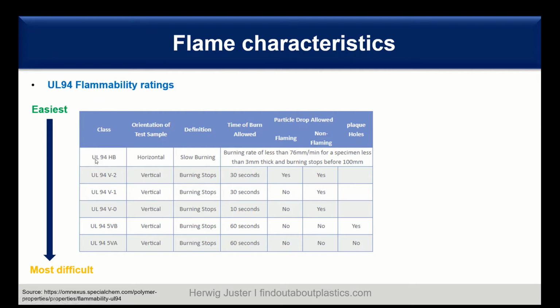The easiest to reach is the UL 94 HB rating, and the most difficult rating to achieve is the 94 5VA, because when you look at the definitions, you see already that with the most difficult one, when you ignite the sample, the flame has to stop, and also in a certain time. For example, for V0 we have a vertical burn, and the burning stops within 10 seconds. With 5VB and 5VA the difference is whether we have a hole in the plaque or not.